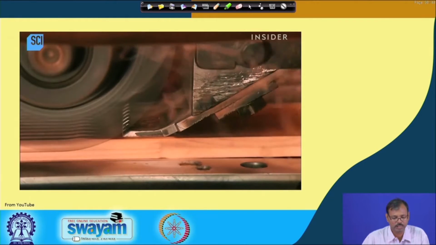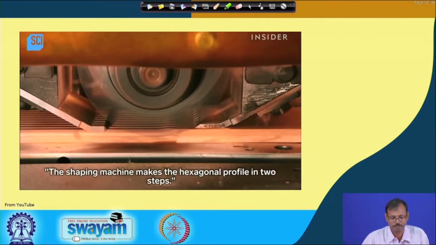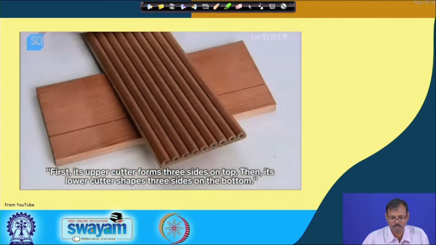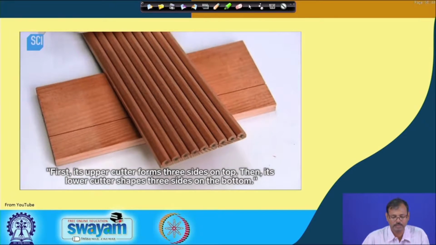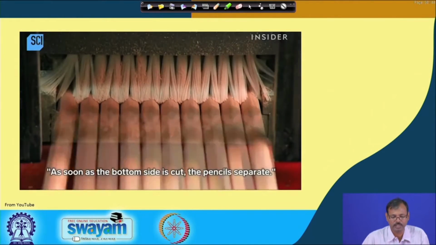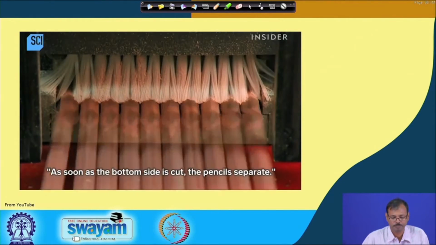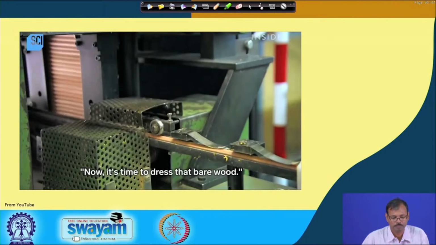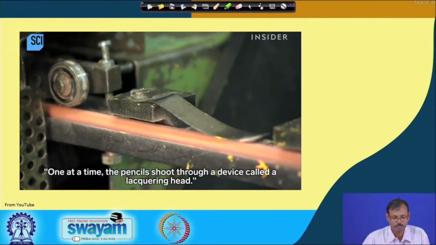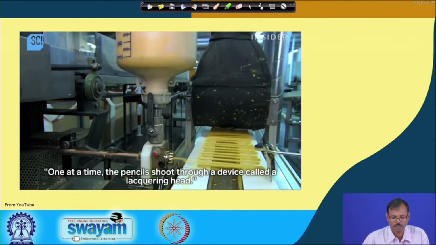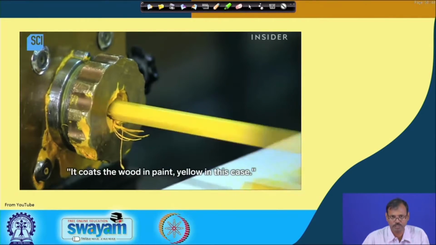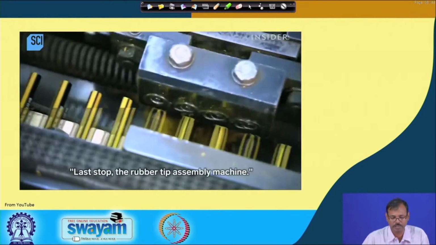Then they will cut each pencil separately from that. And then sharpen it from the different sides. Then the decorations are made on the pencils. Coloring is also done. So, this is the final finishing, colors etc. are being provided.